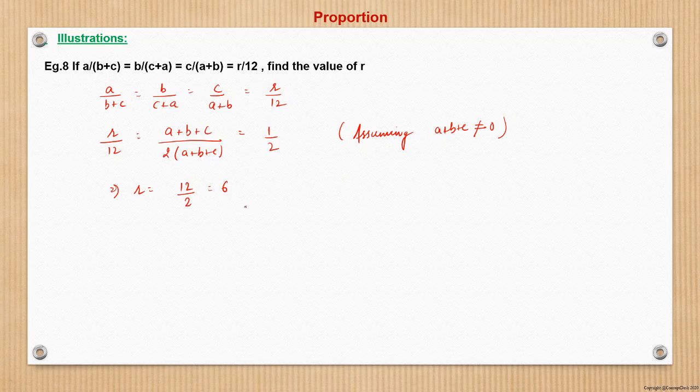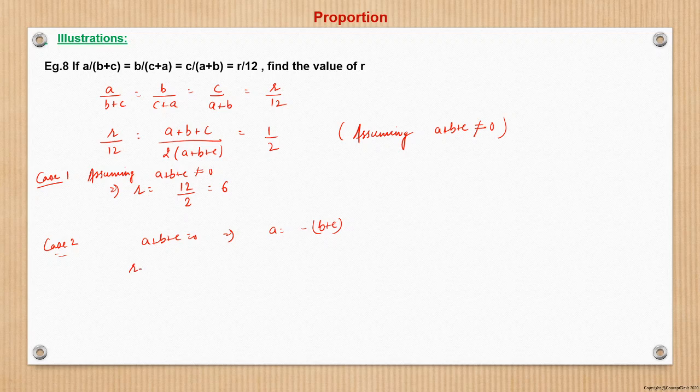This is case 1, assuming a plus b plus c not equal to 0. Case 2: if a plus b plus c is equal to 0, this means that a is equal to minus of b plus c.